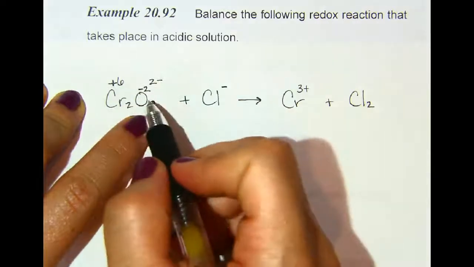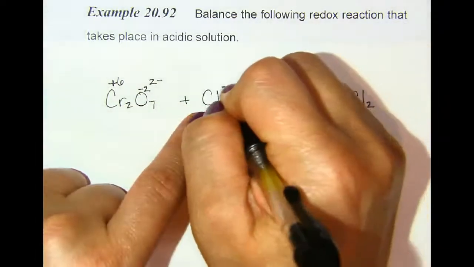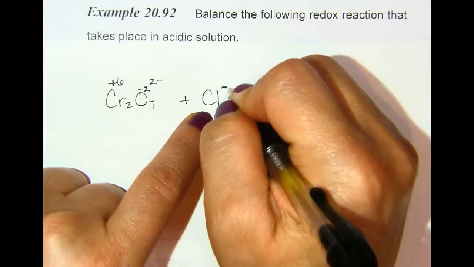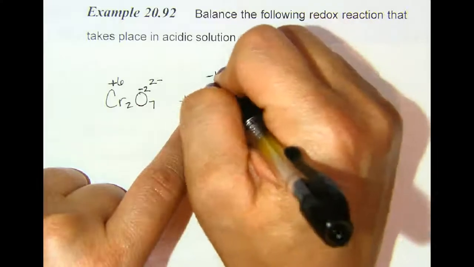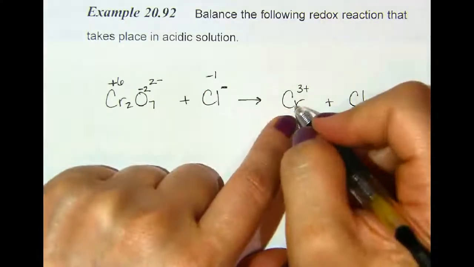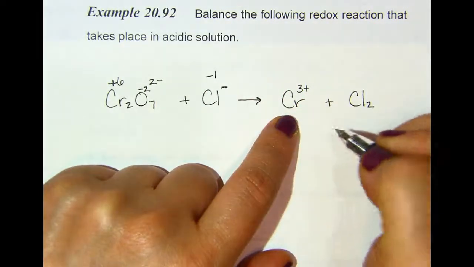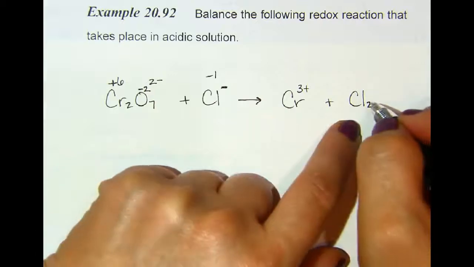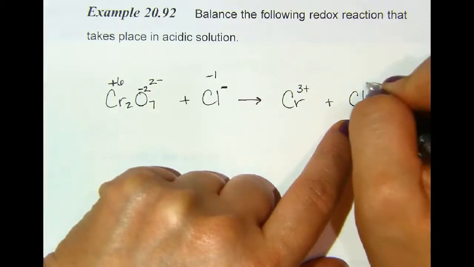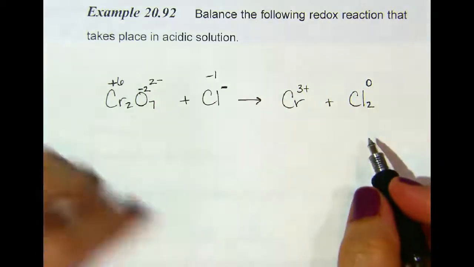So we have a plus 6 and a minus 2. Here we're being told the oxidation state of the chlorine is -1. So I'll just write a -1 up here. Here we're being told the oxidation state is a plus 3, and I'm just going to leave it as it is. And here, because that's a diatomic and it's alone, it's neutral, and so it has a charge of 0.